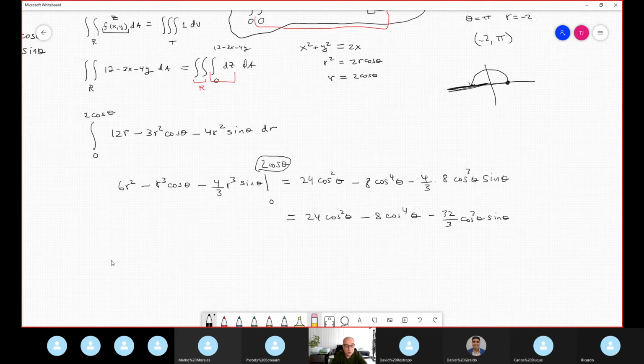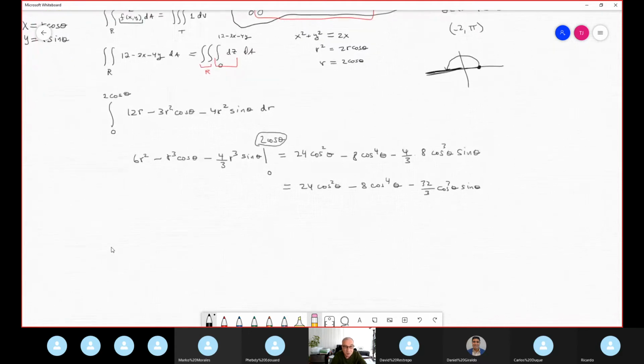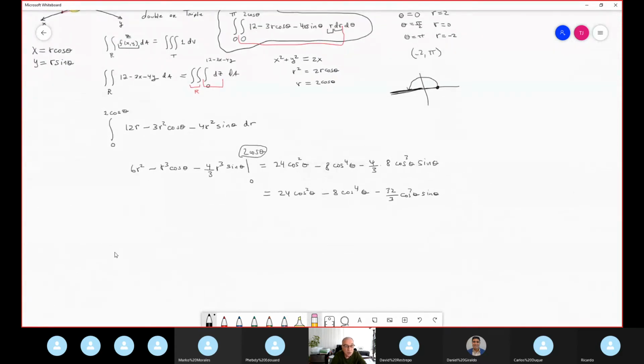Okay, super. Now I need to perform the most complicated part, the integration with respect to theta, which unfortunately is not constant. Well, the limit is a constant.